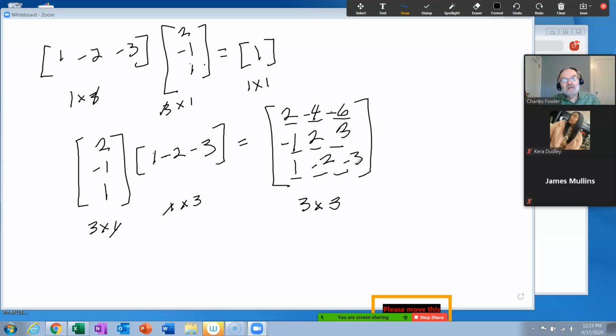Now, you might ask yourself, why are we doing this? And that might be a very legitimate thing. But remember, one of the applications, one thing that matrices are used for is solving linear equations. We've done that a couple of different ways.